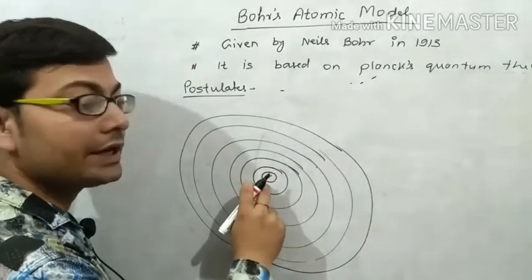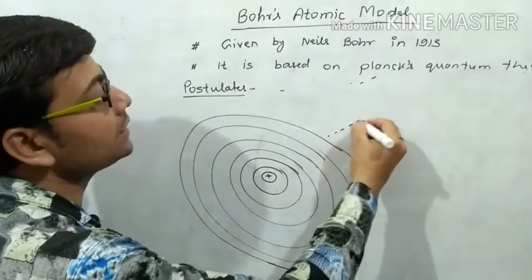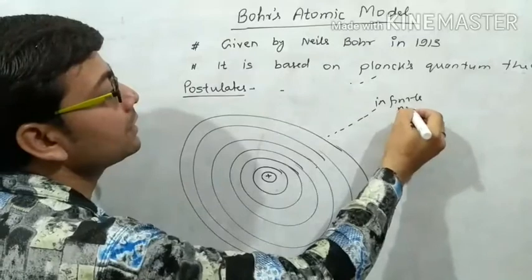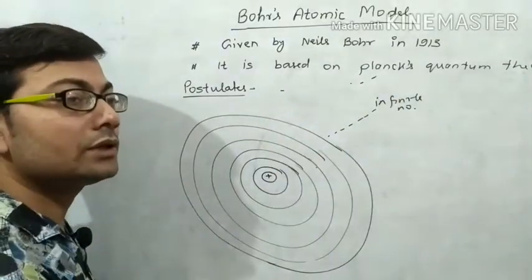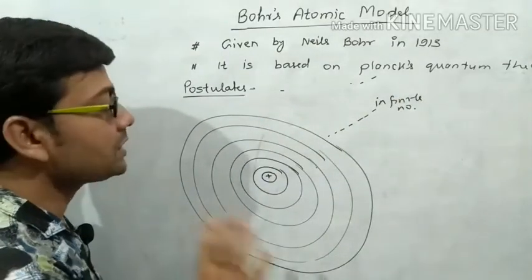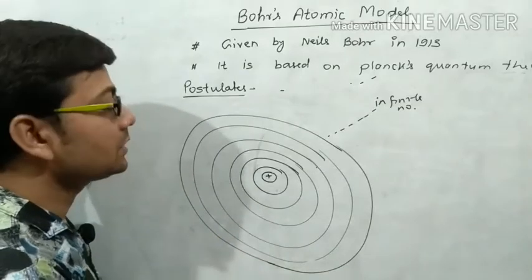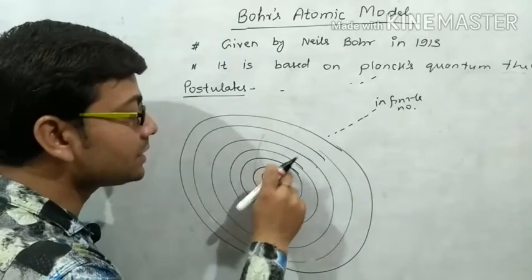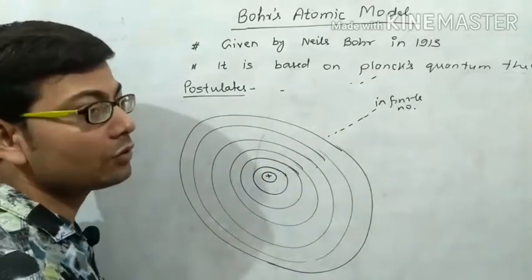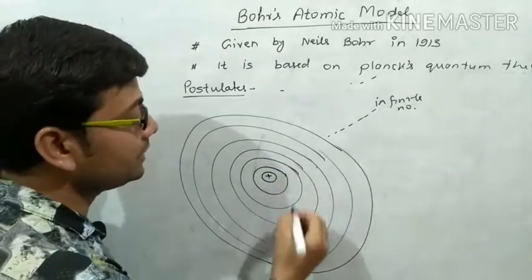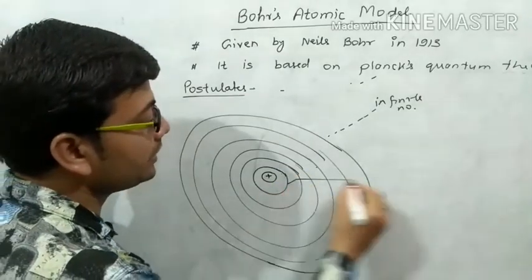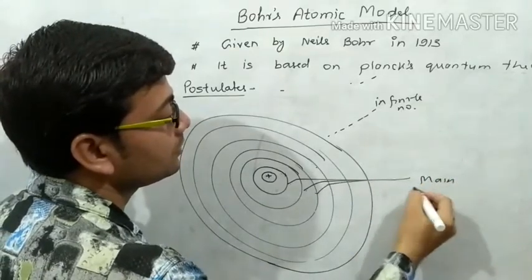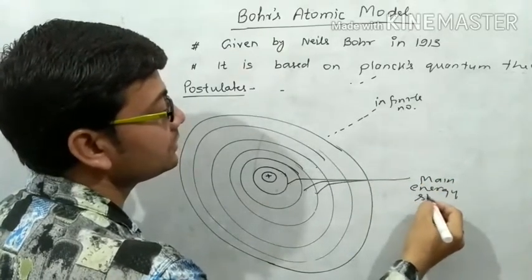Means in an atom there are an infinite number of orbits around the nucleus which have a fixed amount of energy. That's why they are called main energy shells.